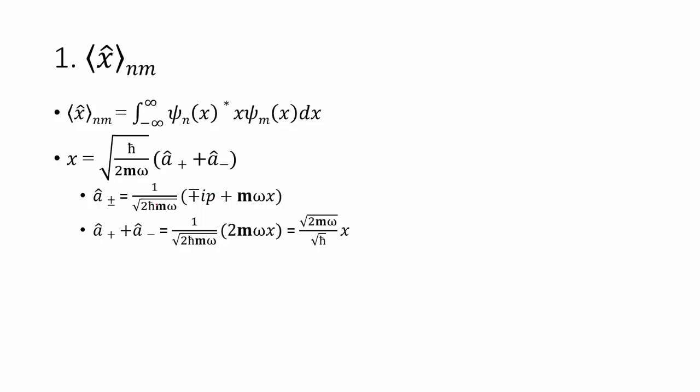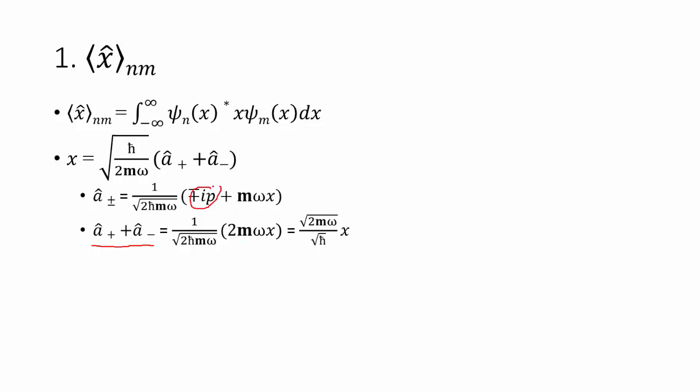This is because we define the ladder operators as 1 over the square root of 2 h bar m omega times minus or plus ip plus m omega x, and we're taking the sum of the two, a plus plus a minus. We have 1 over the square root of 2 h bar m omega times 2 m omega x.